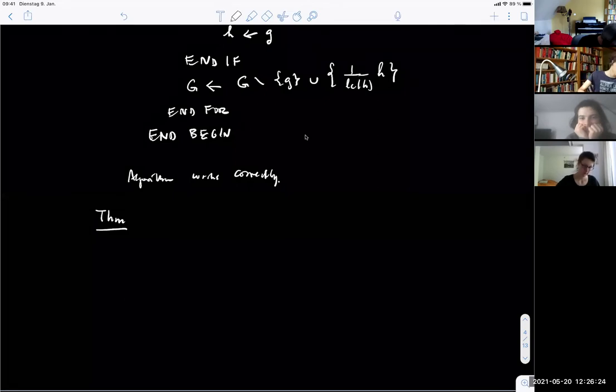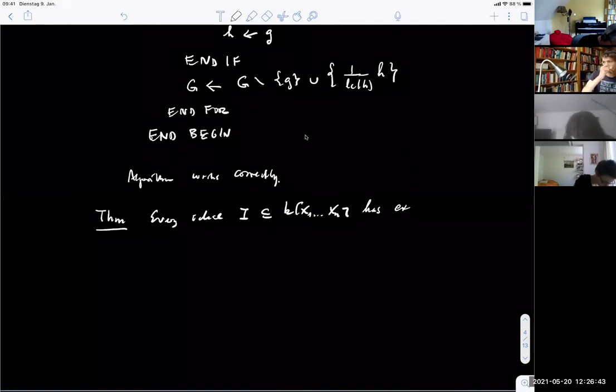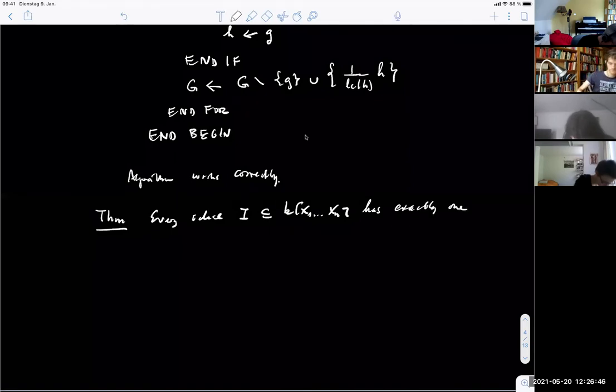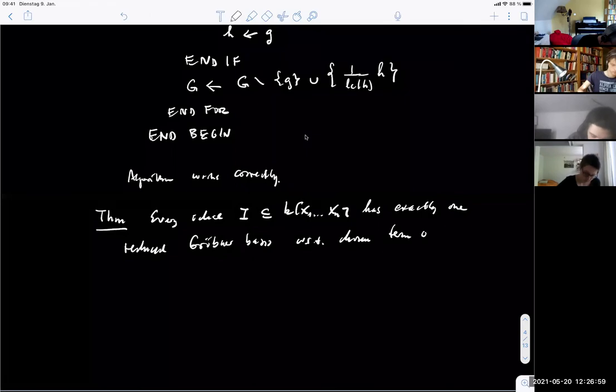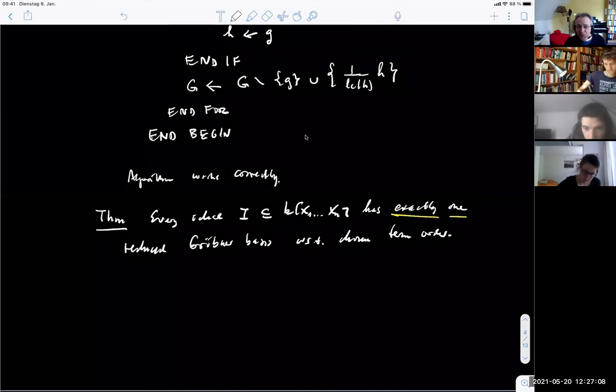So every ideal I in the polynomial ring, let's maybe write it explicitly, with respect to a chosen term order, has exactly one reduced Gröbner basis. Exactly one. So this is nice.